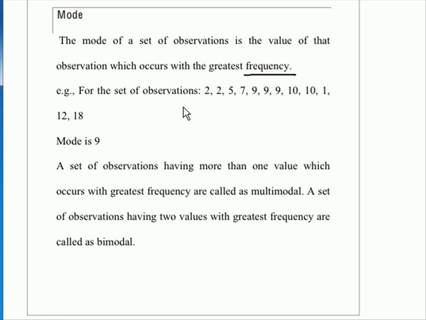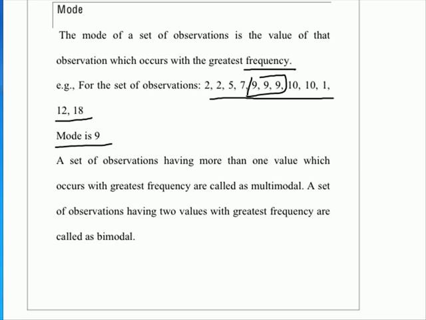So for example, if you had a set of observations 2, 2, 5, 7, 9, 9 and so on, what is the mode? All you need to do is find the value that occurs with the maximum frequency, the maximum number of times, and you can easily see that that value is 9, hence the mode is 9.